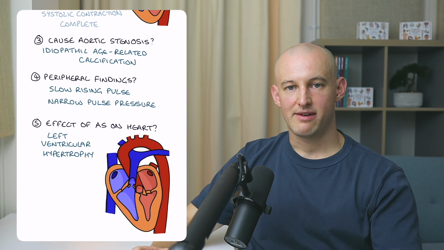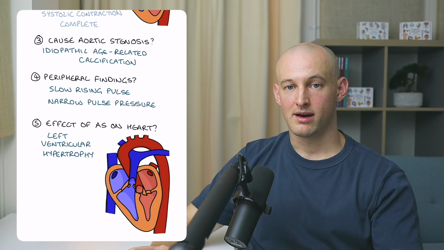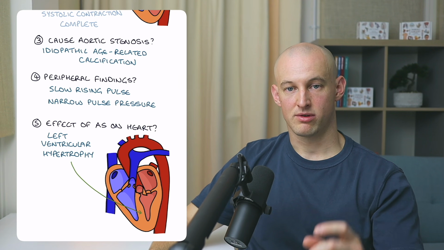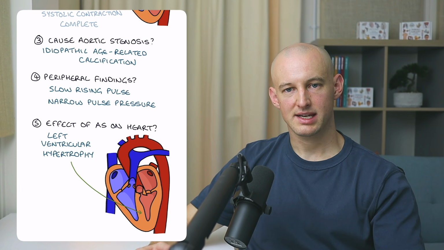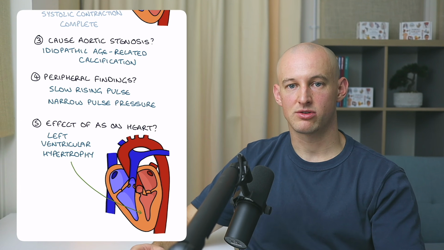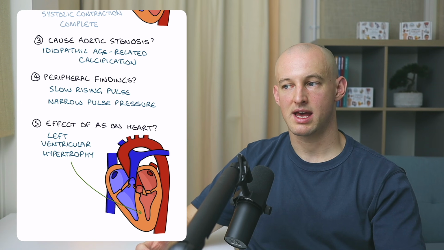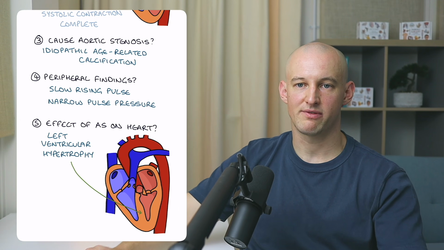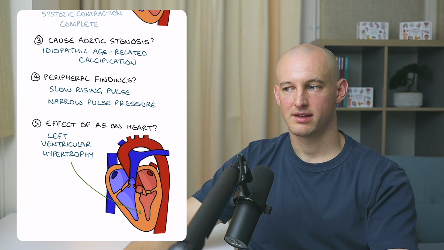So essentially, the left ventricle is working harder to squeeze blood through that narrow valve. It's undergoing some extra strain, and so the muscle of the left ventricle becomes thickened and larger. And this is left ventricular hypertrophy. Okay, on to the next case.